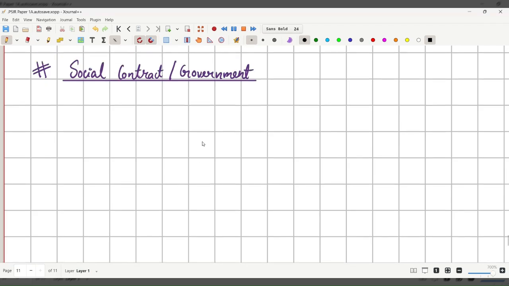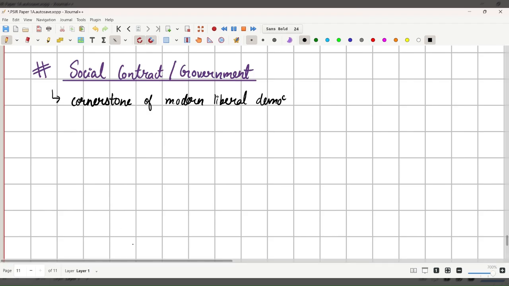So now we are going to read about Locke's social contract. First, John Locke's social contract theory is the cornerstone of modern liberal democracy. In what context did he give this social contract theory?